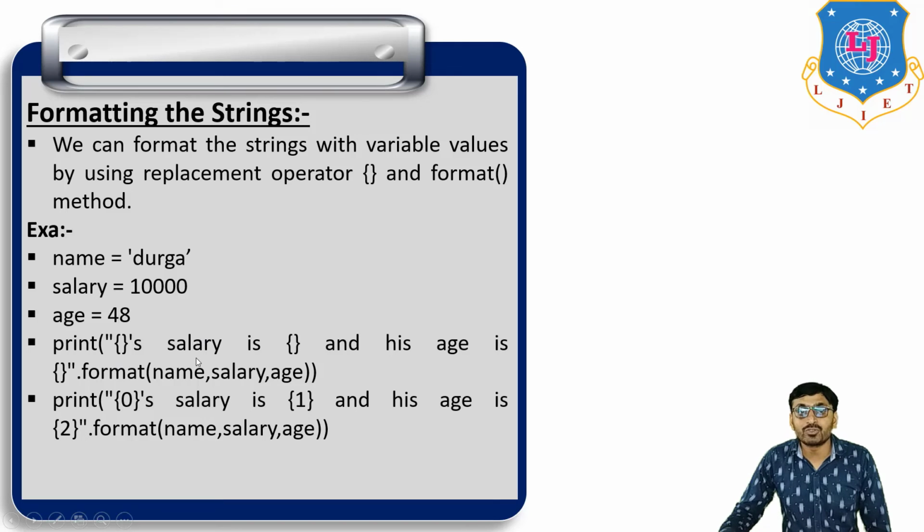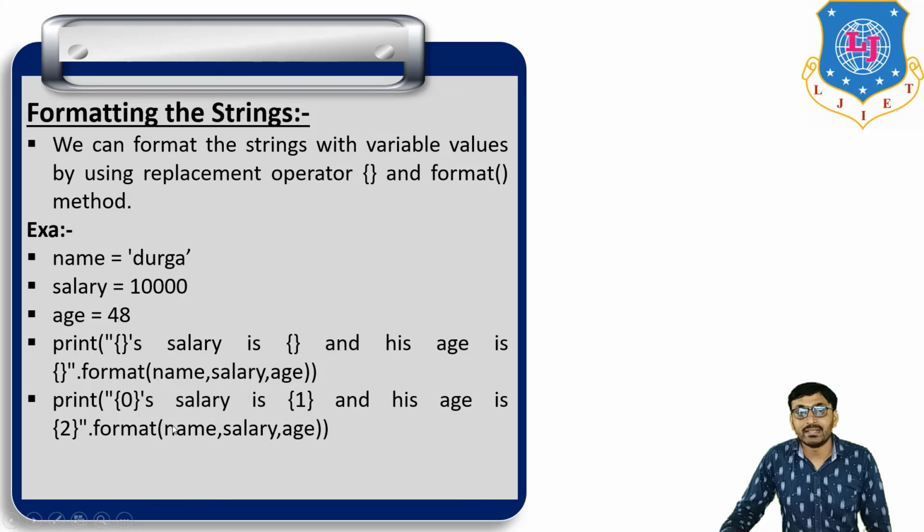Now we can also try this in some other way. For example, print: in replacement operator 0, salary is in replacement operator 1, and his age is in replacement operator 2. Then dot format, and in the parenthesis name, salary, and age. It means name, what is the value of name?